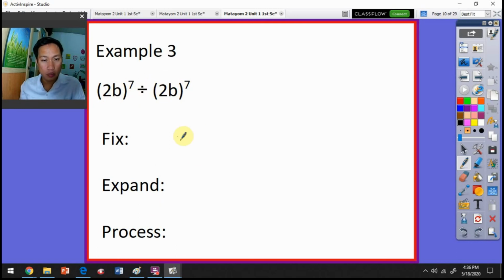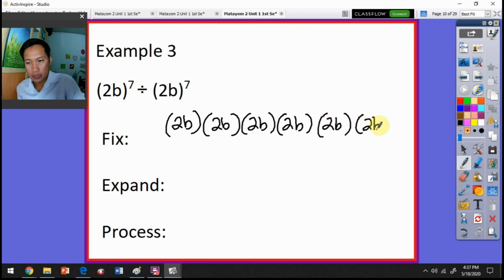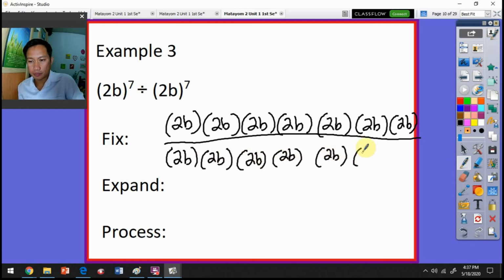So we can write the whole thing down: 2b, 1, 2, 3, 4, 5, 6, and 7, divided by 2b, 1, 2, 3, 4, 5, 6, 7.